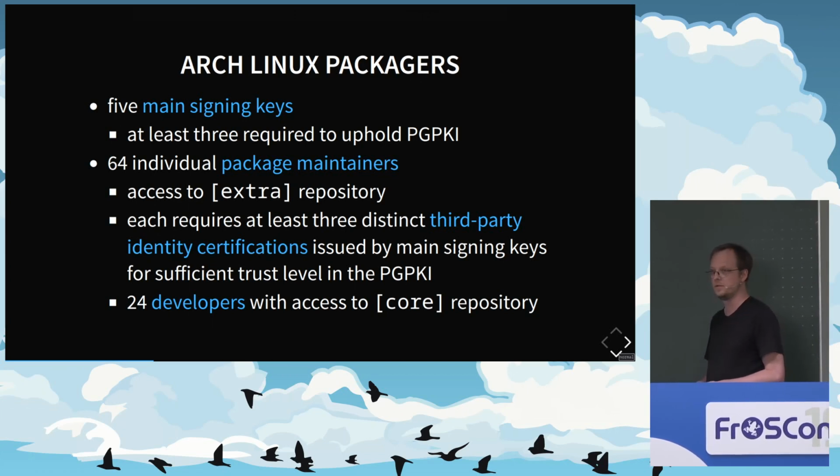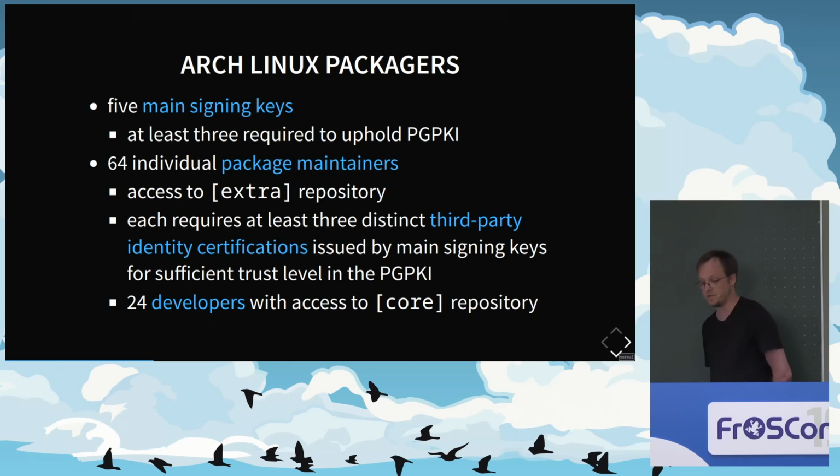And this means that at least 3 signatures by distinct main signing keys are required to uphold the PKI, because 3 signatures are required for each packager, basically. We have 64 individual package maintainers, so it's quite a few individuals, basically.